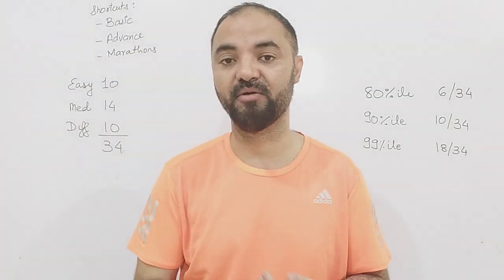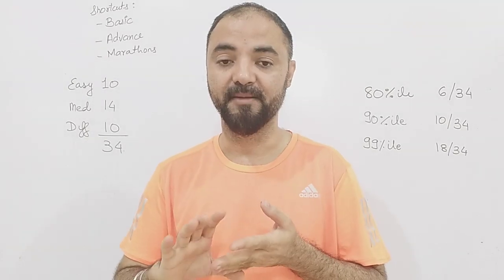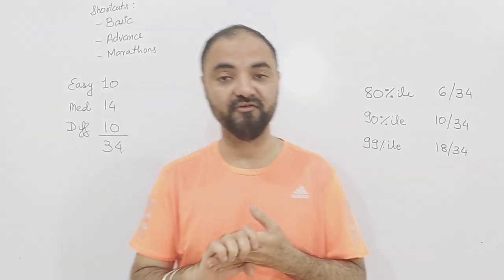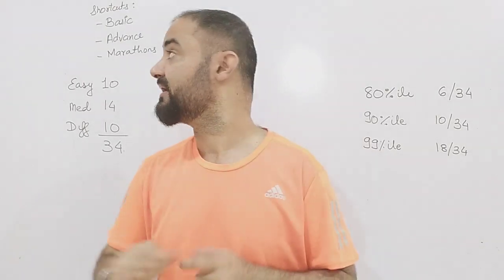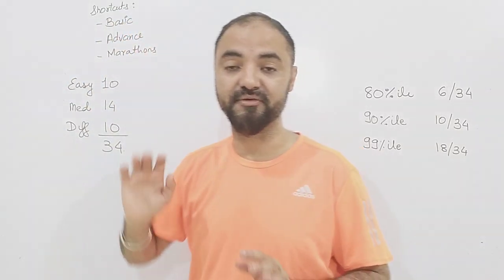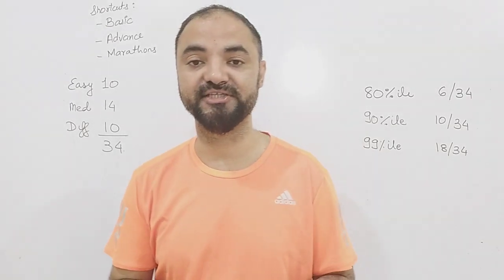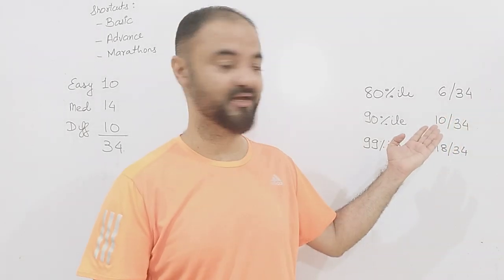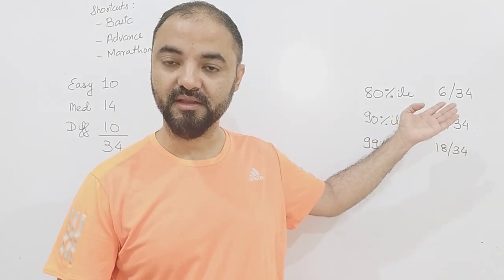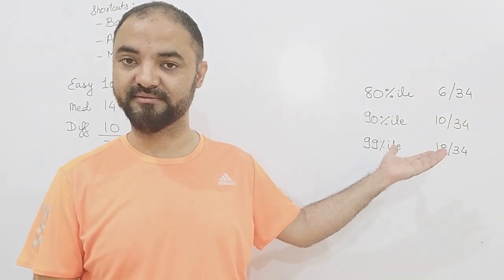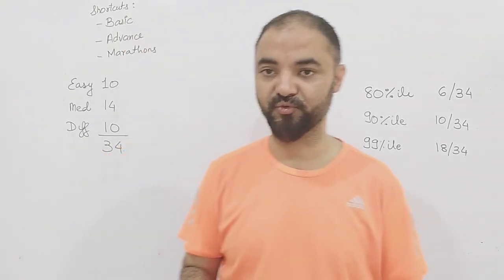Geometry, P&C, probability, you're leaving them? Okay, no problem. But can you at least do the easy level, the solved examples of that? If you can do that part only, it's more than sufficient to clear the IIM cutoff. I need 6 questions. The moment I touch 6, I'll move the target to 9, 10. Gradually we will improve.